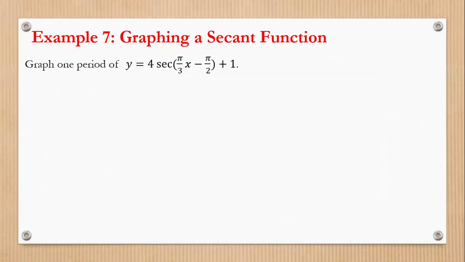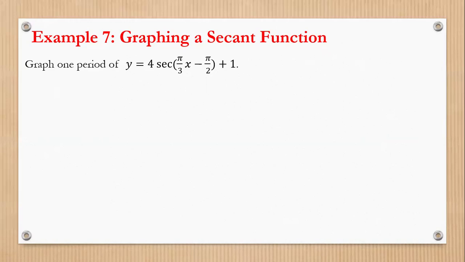Next example, we want to graph one period of this function. I want to graph this one without graphing the cosine this time. So if I don't want to graph the cosine, I need to know what's the period of this function, what's the phase shift, where are the asymptotes.